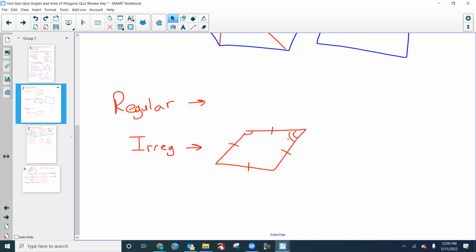Irregular. So for those of you keeping score for number one, a regular polygon has all angles and sides congruent. Irregular do not.